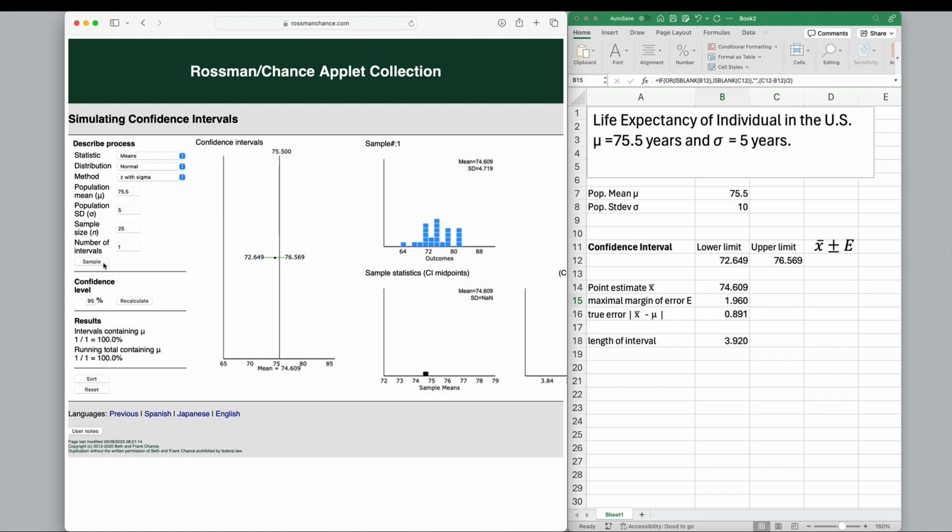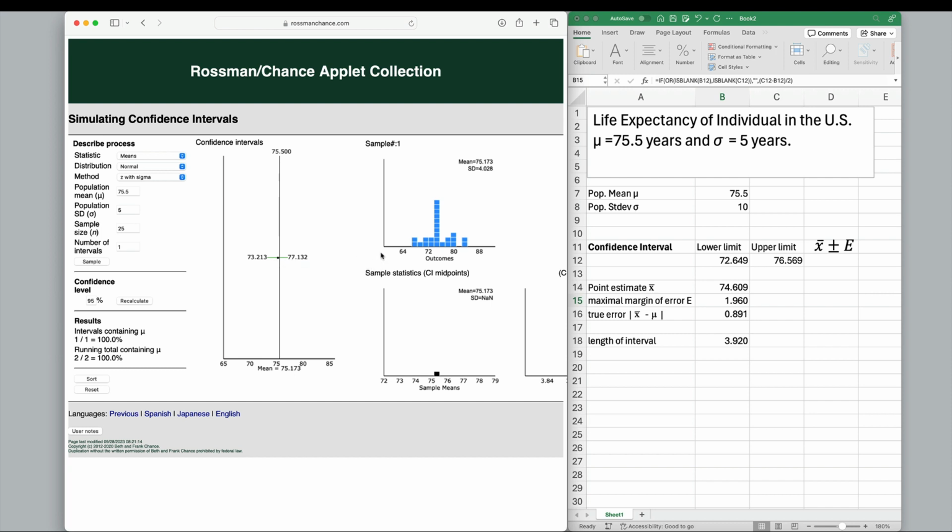Okay, so let's go ahead and click that button. And you can see that our next confidence interval gave us a new sample of 25, where this time the mean was 75.173 years. Standard deviation is about 4.02 years. And so based on those numbers, we take the sample mean and add and subtract the margin of error.